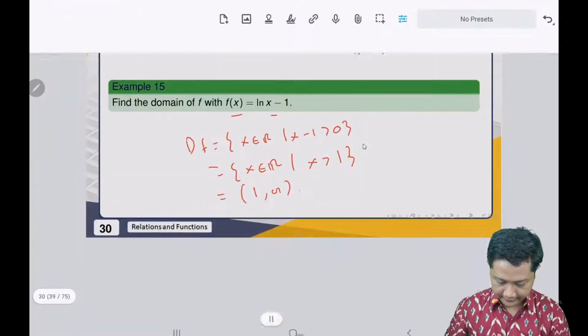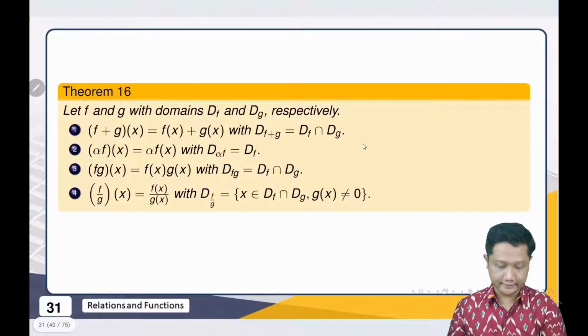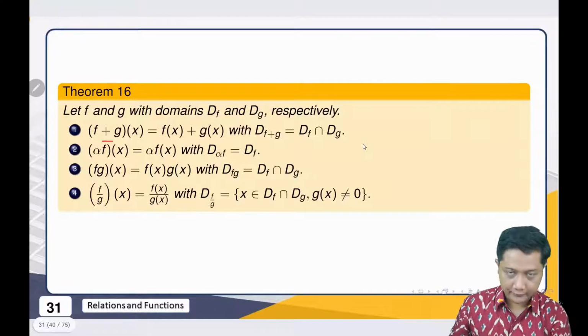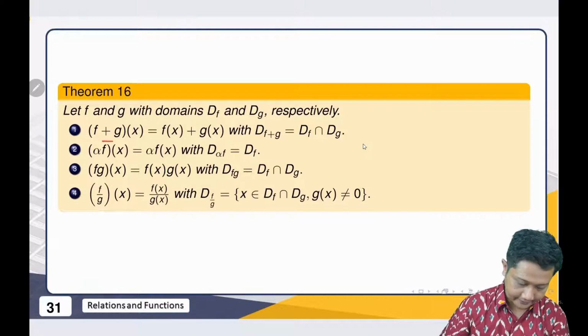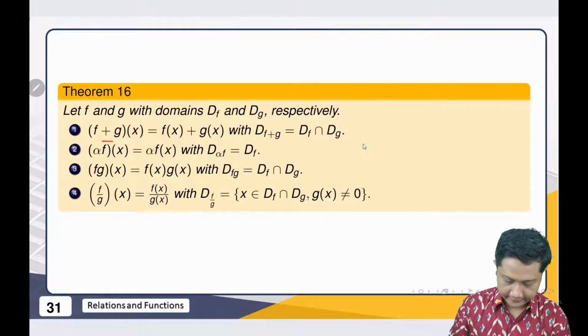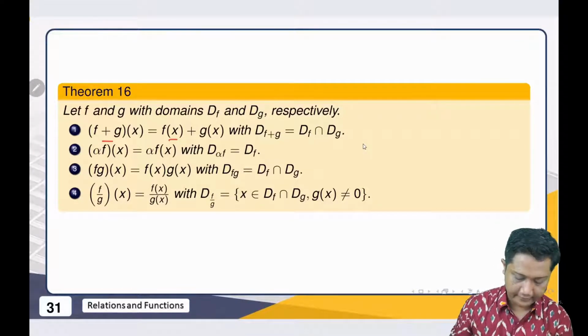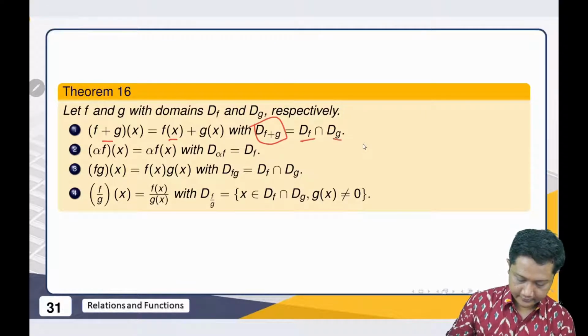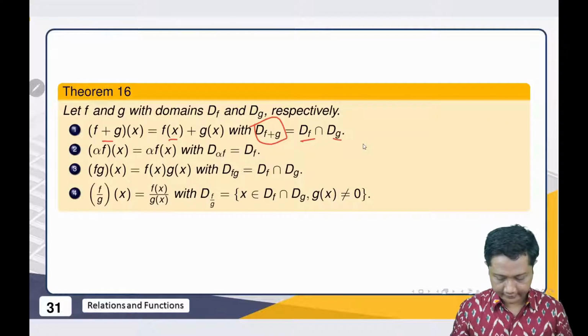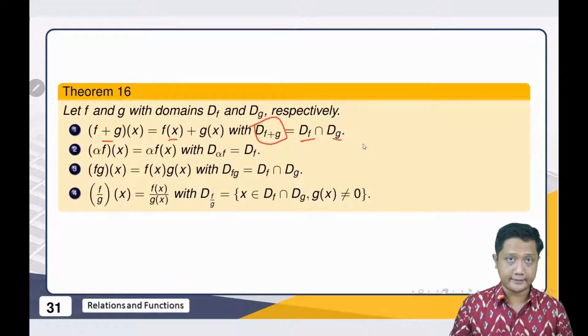And with functions, we can also do some operations. The first one, of course, like real numbers, is addition. So we have f plus g, which we define as f(x) plus g(x), and the domain is the intersection of domain f and domain g.